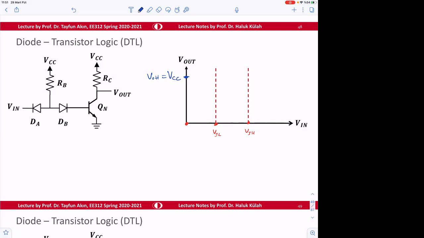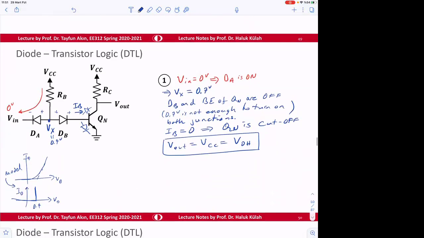So this will remain here until when? V out will remain at VCC as long as what?